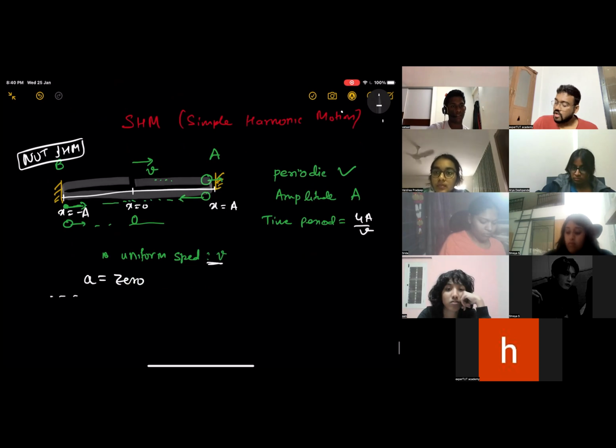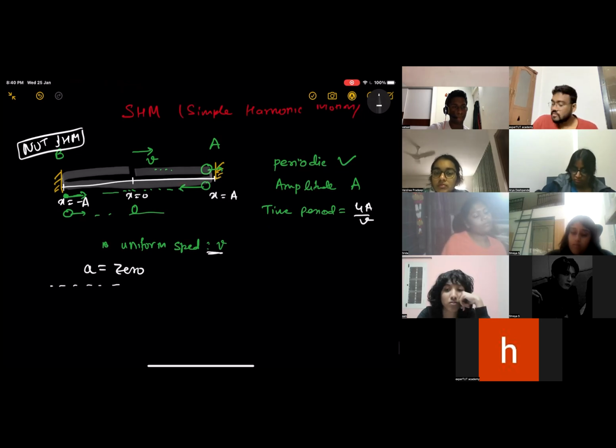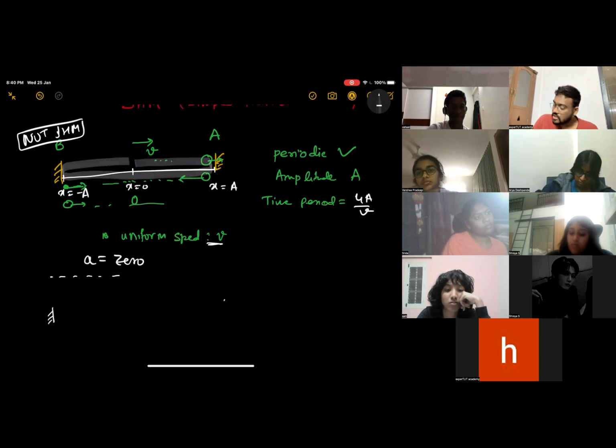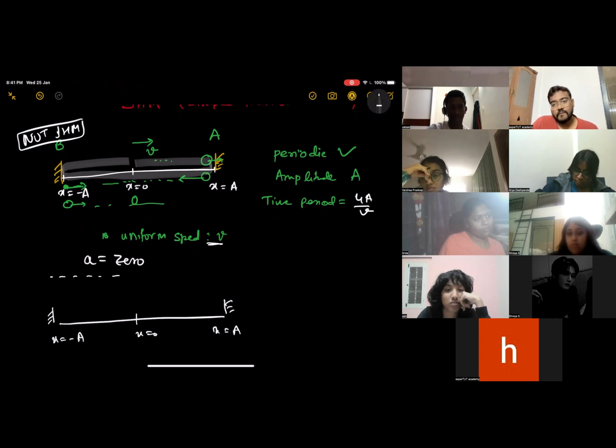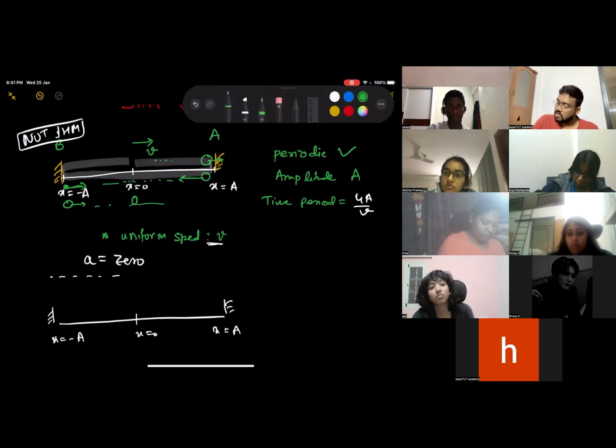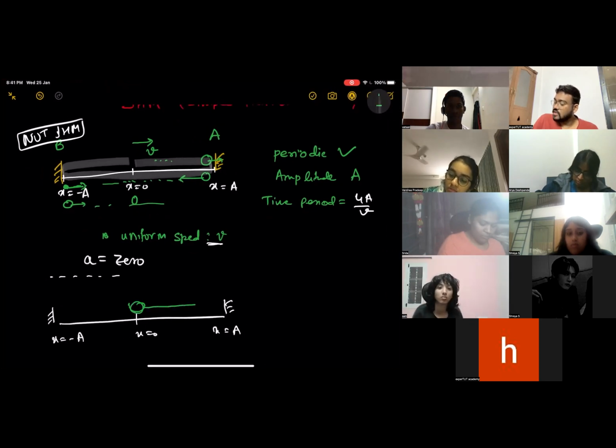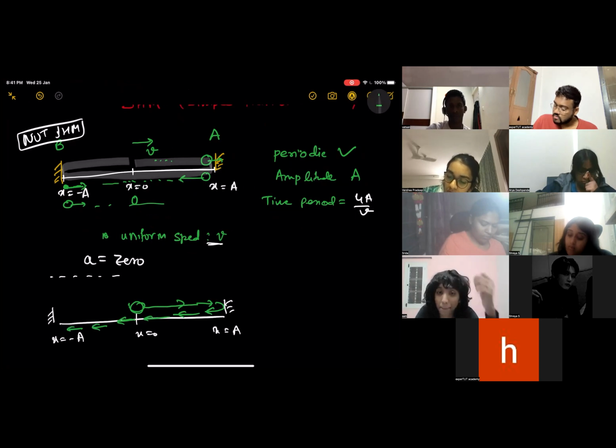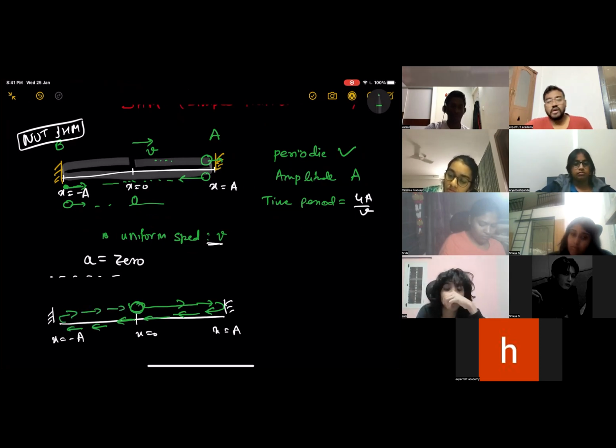Now there is another ball. So there is another kind of ball, and the track is the same: x equal to 0, x equal to A, and x equal to minus A. It goes from x equal to 0 and travels like this to x equal to A, and then comes back, crosses x equal to 0 again, and goes like this, then goes like this and comes back.